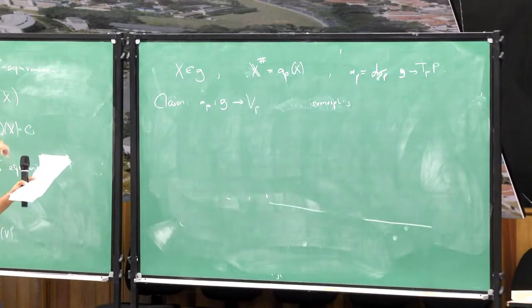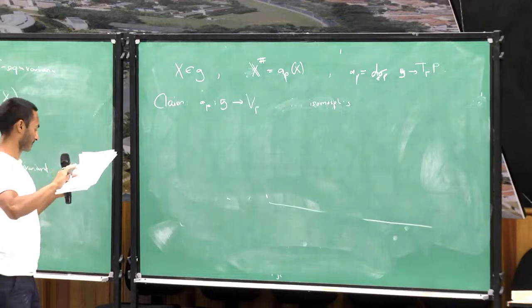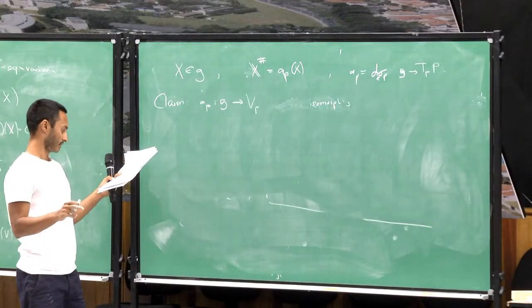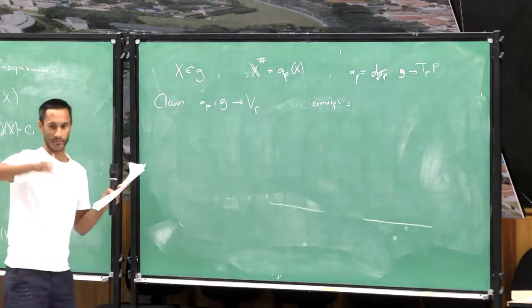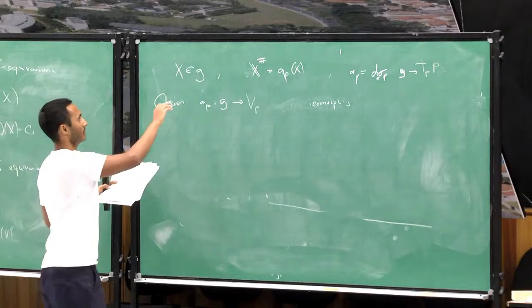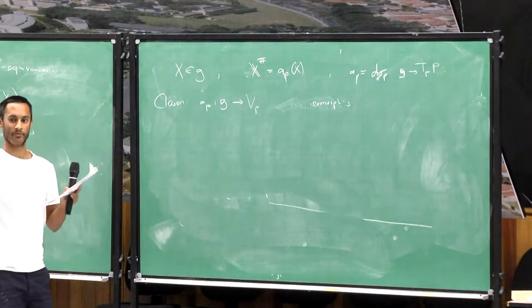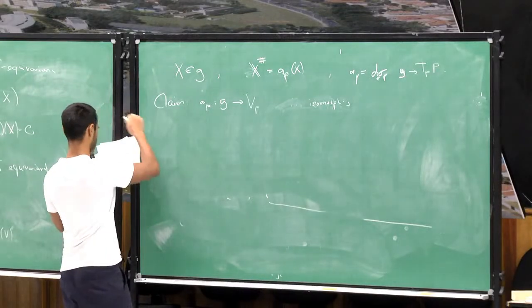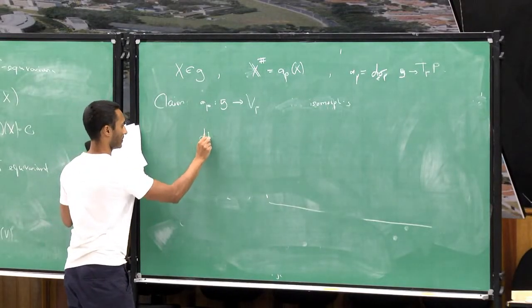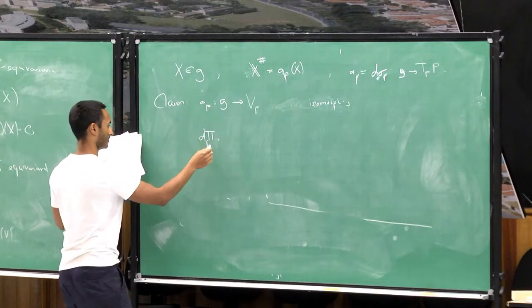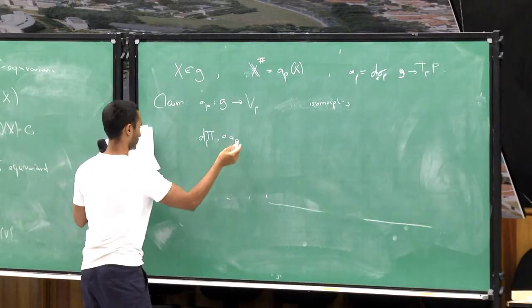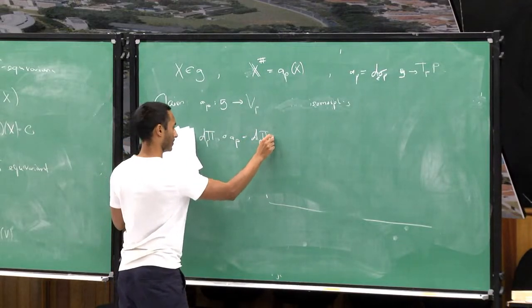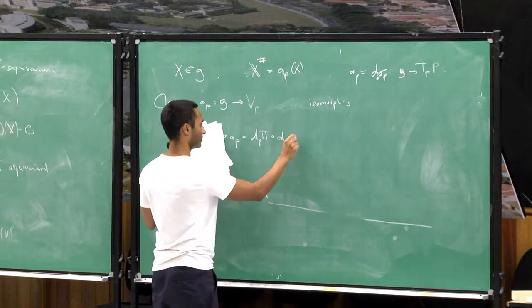Since the action by G is anyway a diffeomorphism onto the fiber, the main thing we have to show is that this statement is true. The map given by multiplication maps G diffeomorphically to the fiber over the point. This is again a similar calculation. We look at the derivative of pi composed with A_p, but by definition that is just the derivative of pi composed with the derivative at the identity of sigma_p.